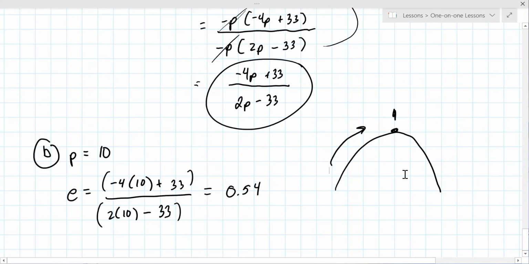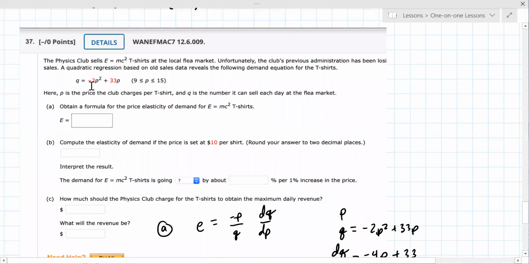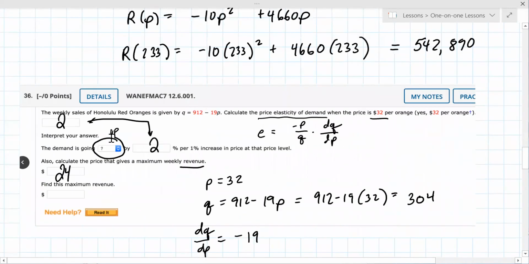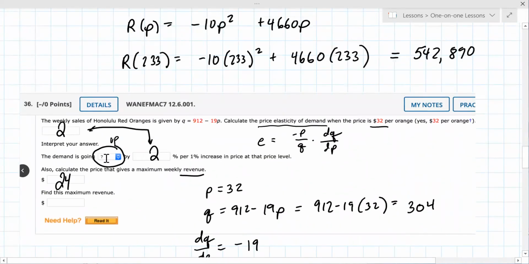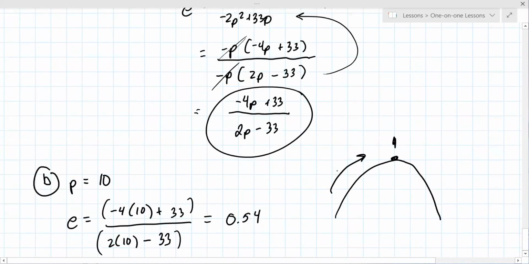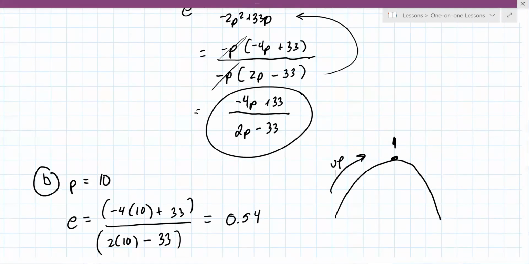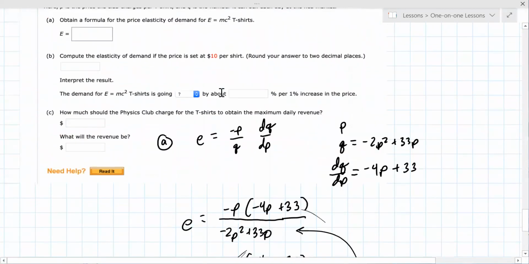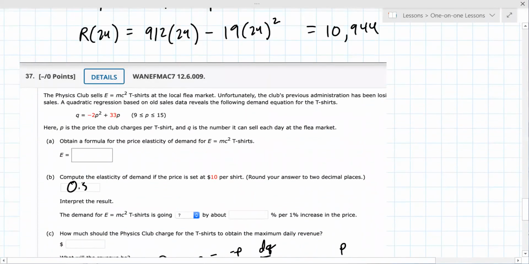I think you said for the previous problem, number 36, what the demand is doing? You said it's going up. Oh, it's going down. The 36 was going down. So here, because this number is less than 1, I believe that the answer will be that it's going up, and that's also part of part B. So this number is 0.54.